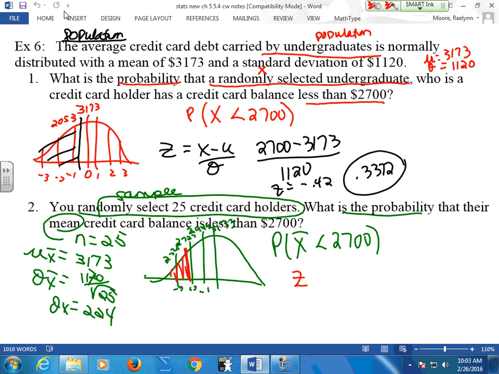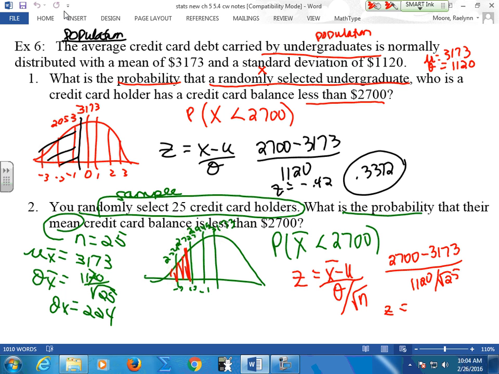I'm going to use almost the same z-score formula. I'm going to start like this, but we're just going to change it. We've got the sample mean, and we have to divide by the square root of n. So my sample mean is 2700. This part looks the same, except for down here. We say 1120 divided by the square root of 25.